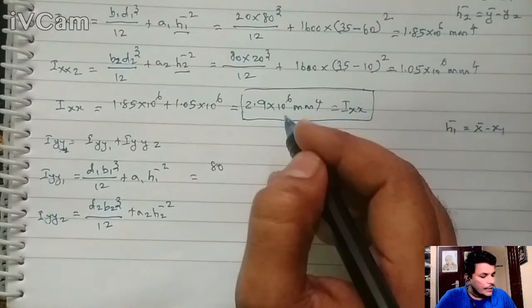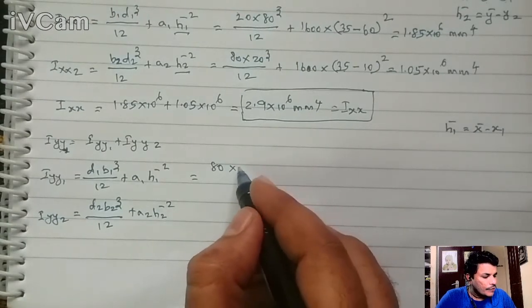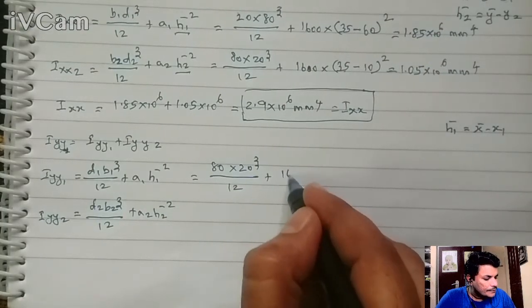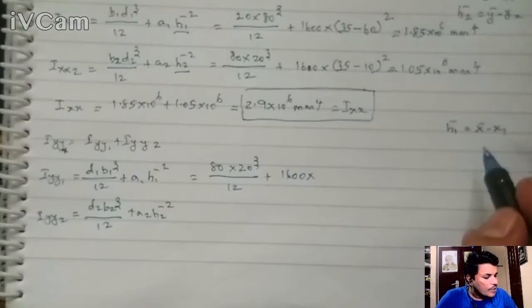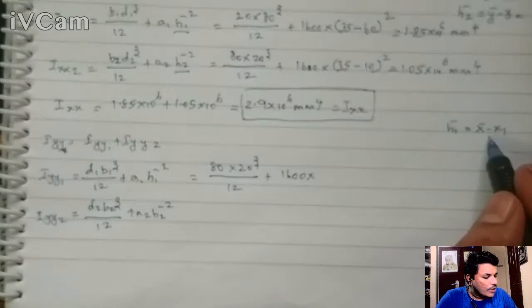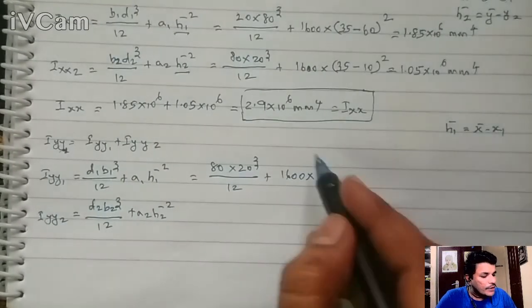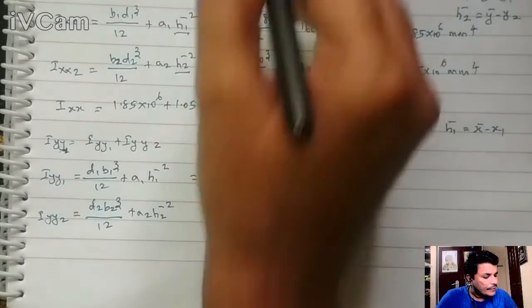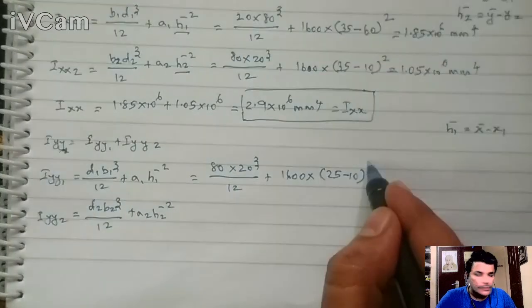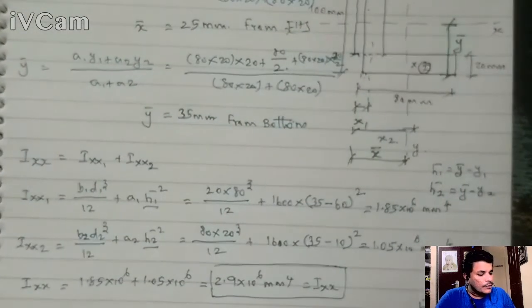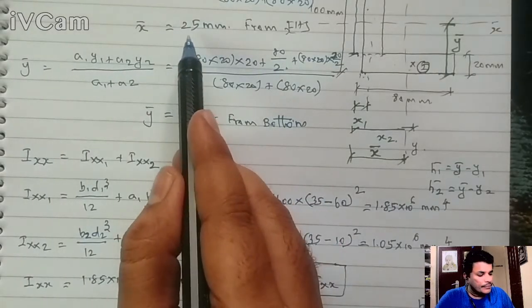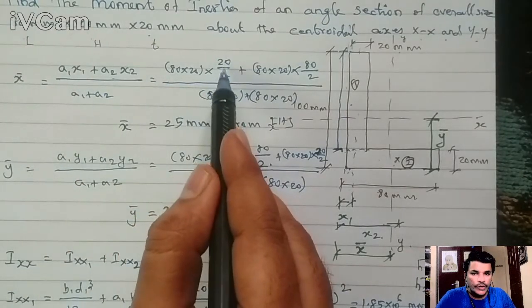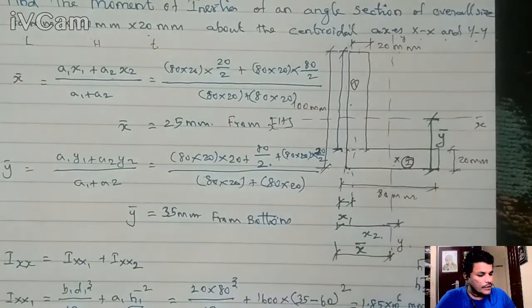So 80 by b1, 20 cube, divided by 12, plus 1600, a1, into (x bar minus x1), h1 bar equal to x bar minus x1. So x bar is 25 minus x1 is 10. x bar is 25, x1 is 20 by 2, 10 mm. Okay, so that I have substituted here.